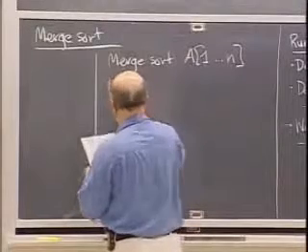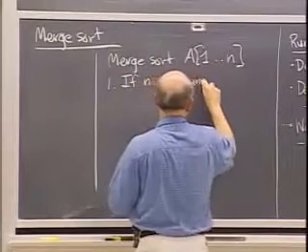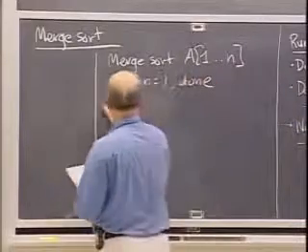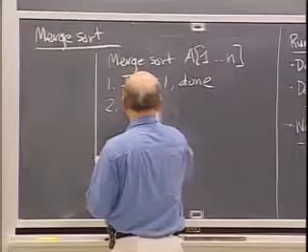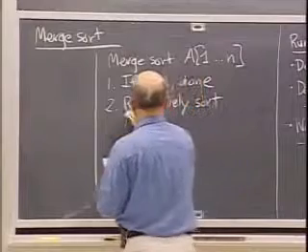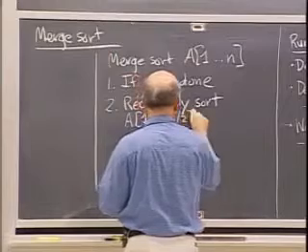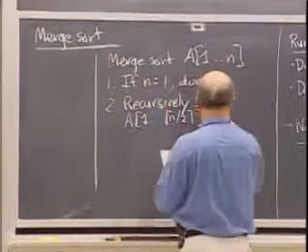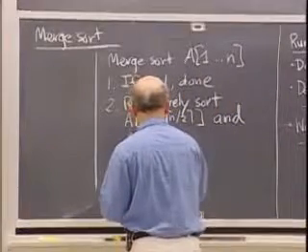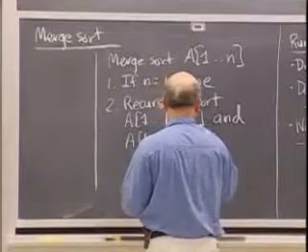And it's basically 3 steps. If n equals 1, we're done. Sorting one element, it's already sorted. All right, okay. So recursive algorithm. Otherwise, what we do is we recursively sort A from 1 up to the ceiling of n over 2, and the array A of the ceiling of n over 2 plus 1 up to n.